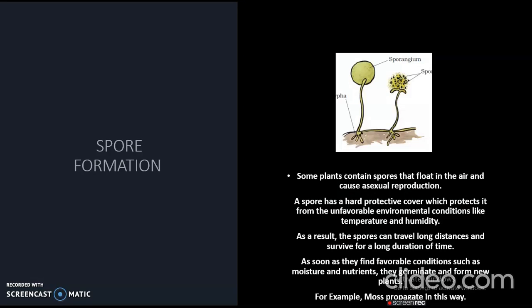As a result, the spores can travel long distances and survive for a long duration of time. As soon as they find favorable conditions such as moisture and nutrients, they can grow.